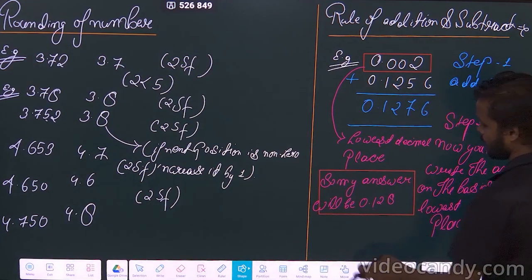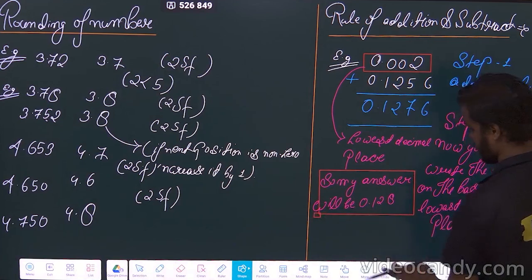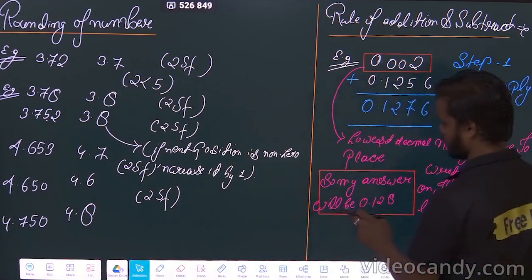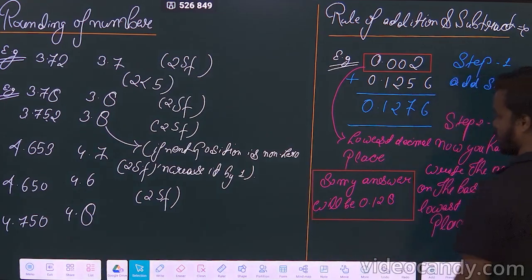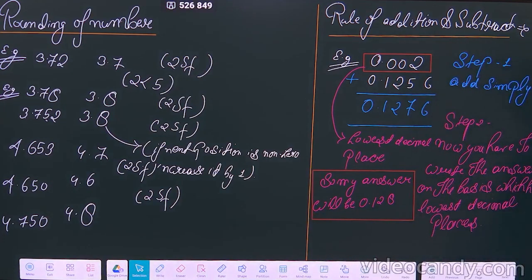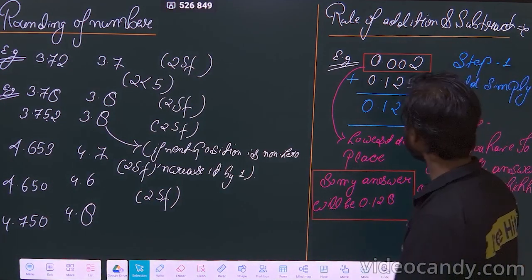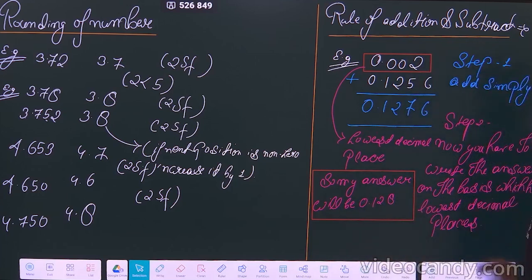Clear? This is going to be my answer. Any doubt? Okay, so this is going to be the answer. Clear? So that is how we do the rounding off, like rules for addition and subtraction.